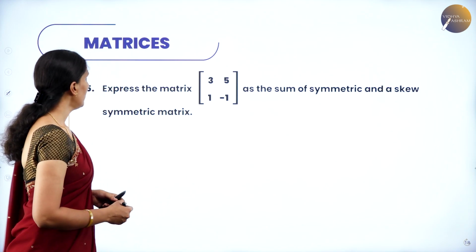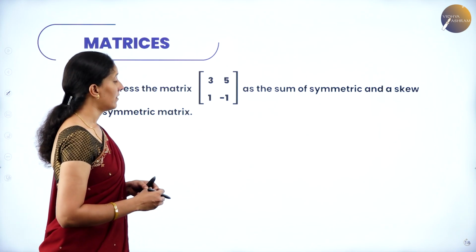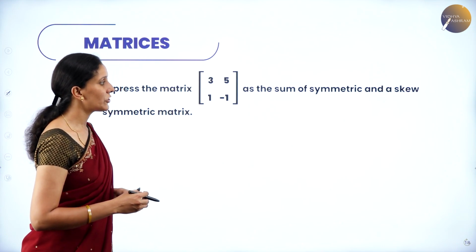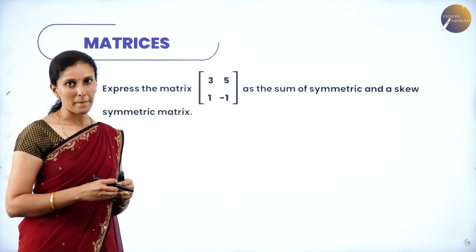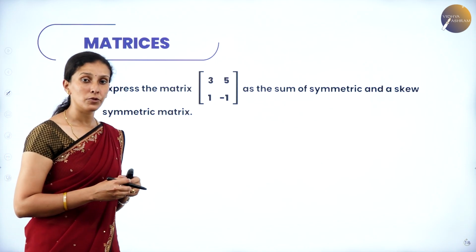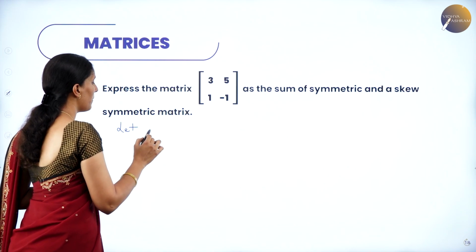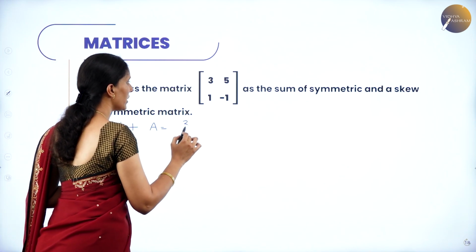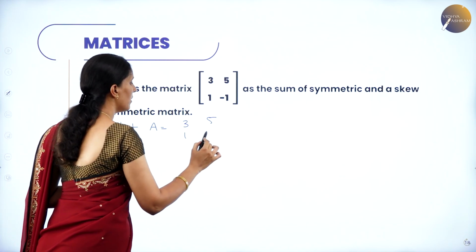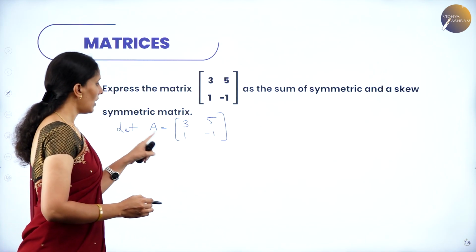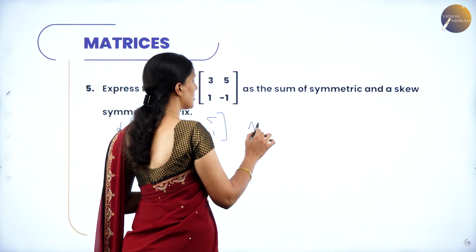Next problem we have. Express the matrix 3, 5, 1, minus 1 as the sum of a symmetric and a skew symmetric matrix. So, this is theorem 2. I already said, let matrix A be equal to 3, 5, 1, minus 1. Okay, so let's take A transpose.